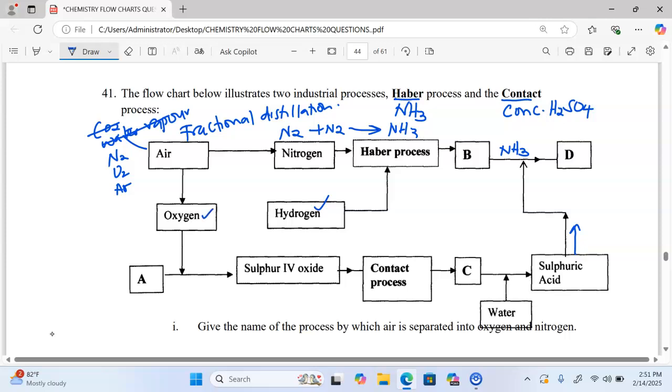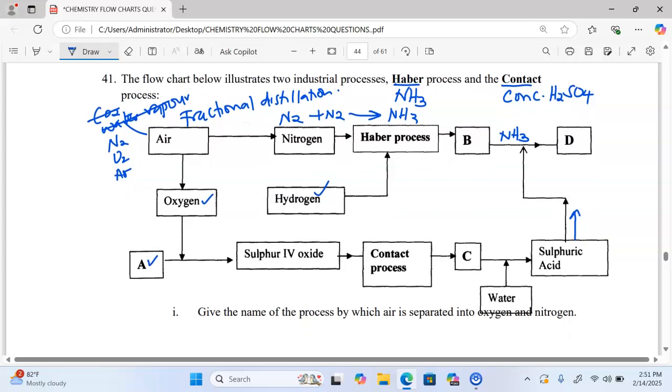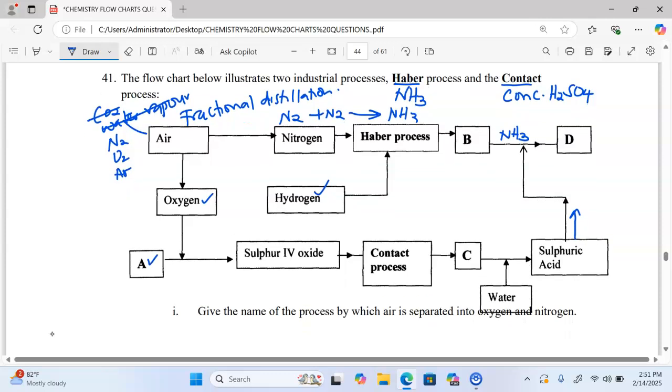Oxygen comes down to react with substance A to form sulfur 4 oxide. We have sulfur combining with oxygen to form sulfur 4 oxide, meaning compound A is sulfur. Then we are going to have sulfur 4 oxide combining with more oxygen to form sulfur 6 oxide, which is going to be dissolved in concentrated sulfuric 6 acid from the contact process.